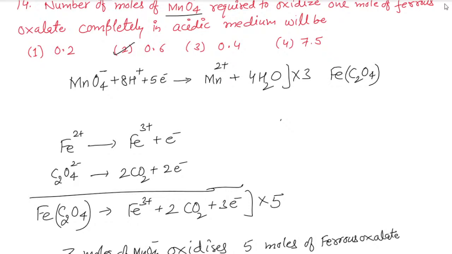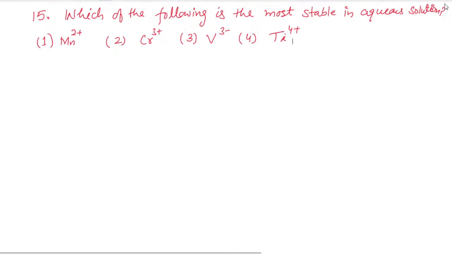Now, question number 50. Which of the following is the most stable in aqueous solution? Mn2 plus is 3d5. Cr3 plus is 3d3. It should be 3 positive, I think.